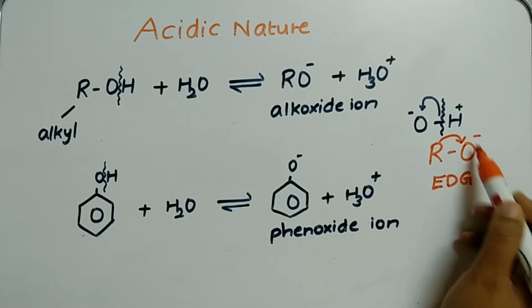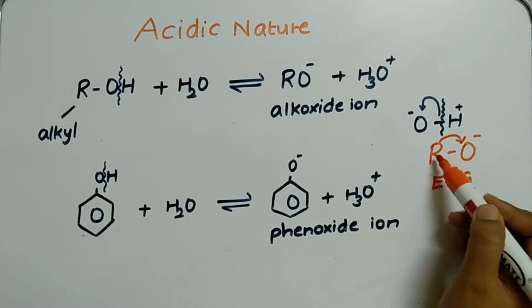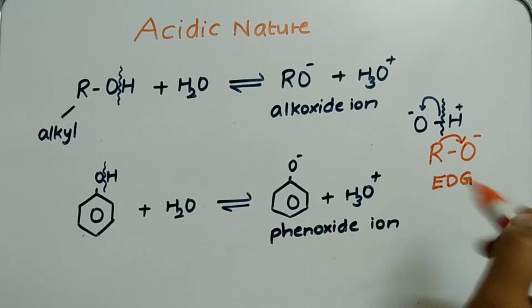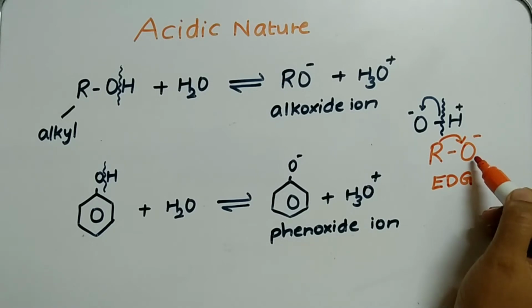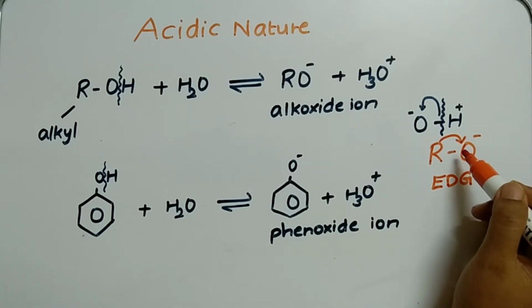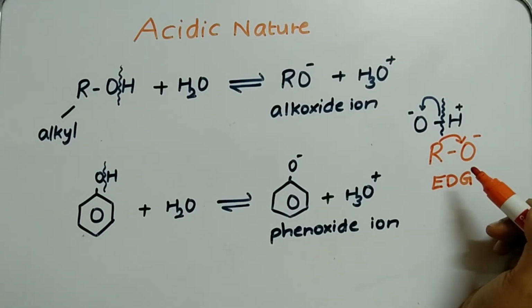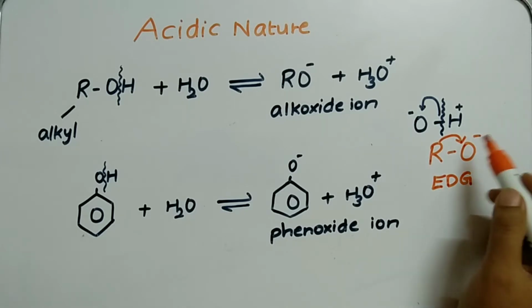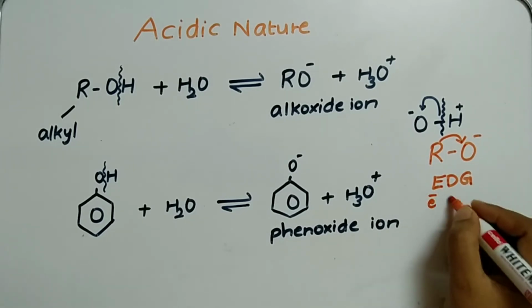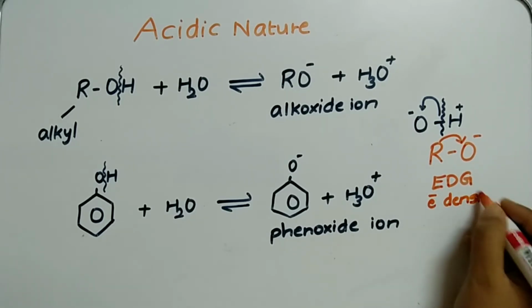Moreover, you can see here oxygen is more electronegative than carbon. R stands for the carbon, the alkyl group. Oxygen is more electronegative, so it will accept the electrons given by that carbon. And moreover, R is the electron donating group. So electron density on oxygen increases.